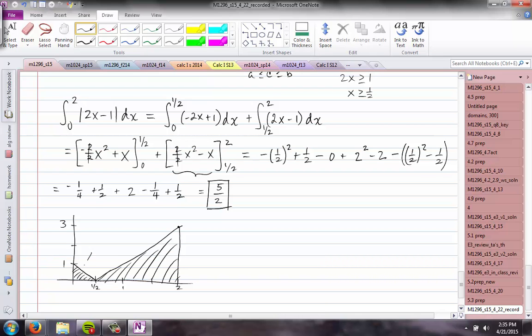What this property is doing: this first section right here is the integral from 0 to 1/2 of negative 2x plus 1, and this piece here is the integral from 1/2 to 2 of 2x minus 1.